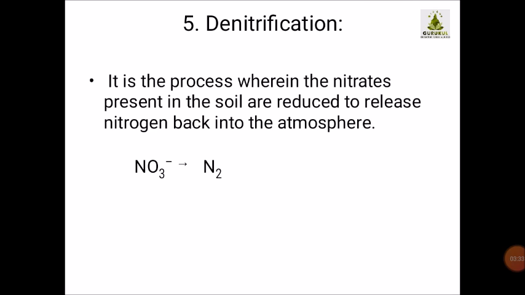Okay, in this process the nitrates present in the soil are reduced and released back into the atmosphere. So this is the chemical reaction occurring in denitrification: NO3 minus gives N2.